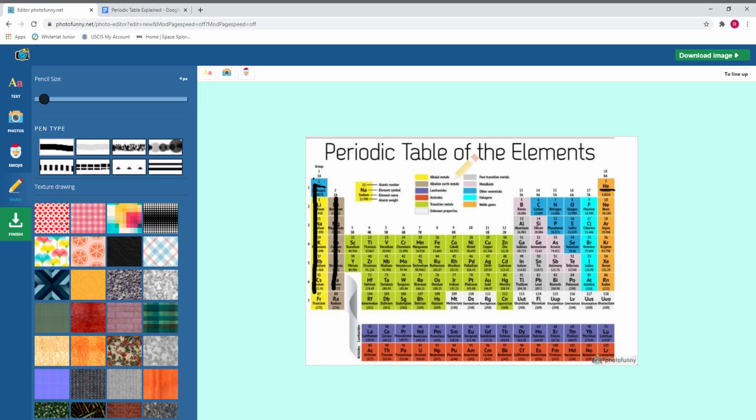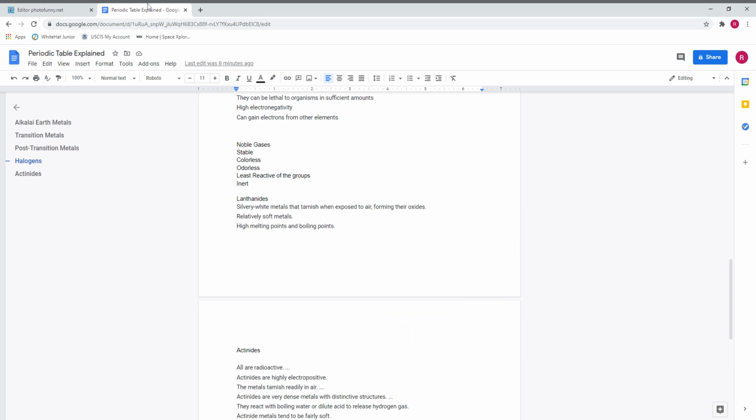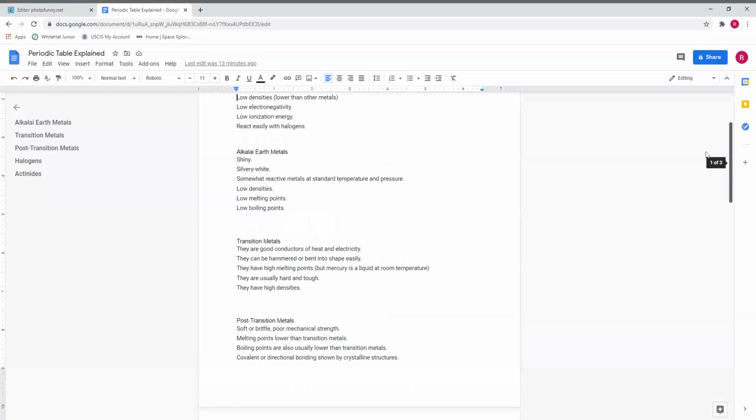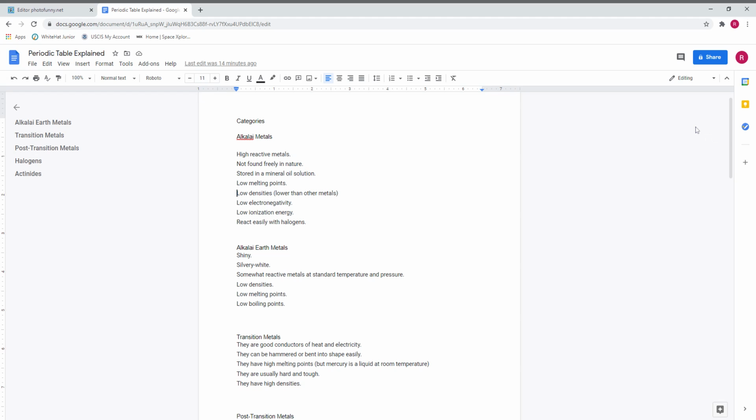For example, each group. Hydrogen is not in the group of these: lithium, sodium, potassium, rubidium, cesium, and francium, but those are called alkali metals. Alkali metals are highly reactive metals. They are not found freely in nature.